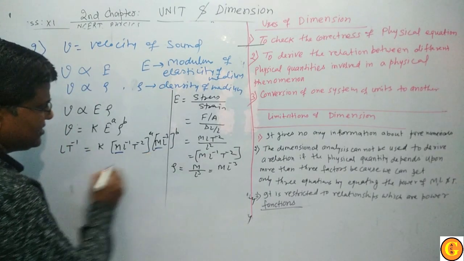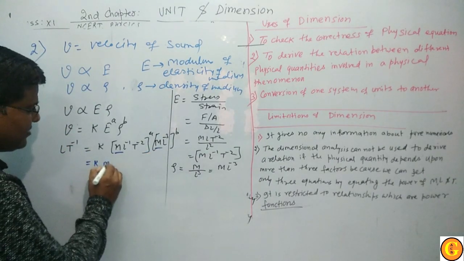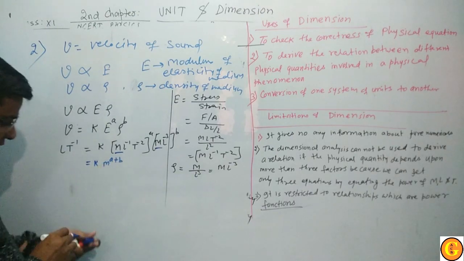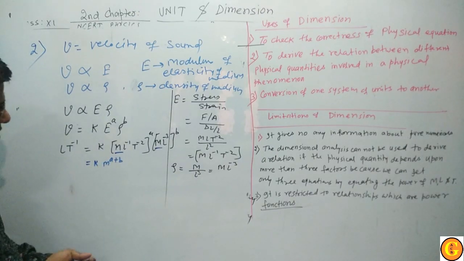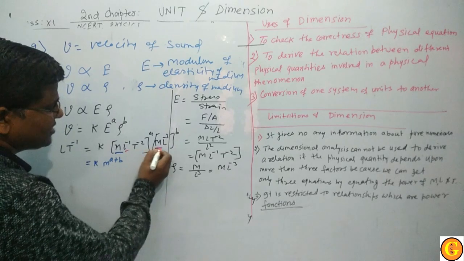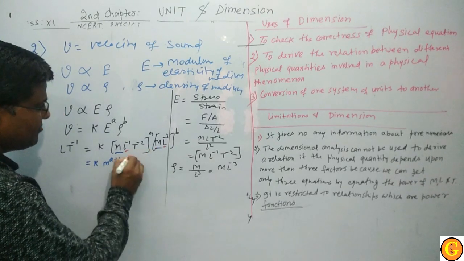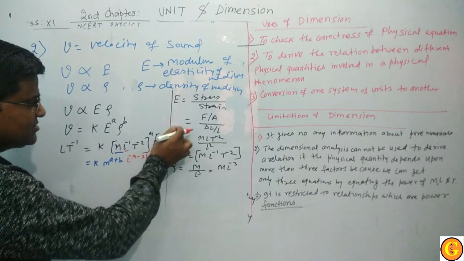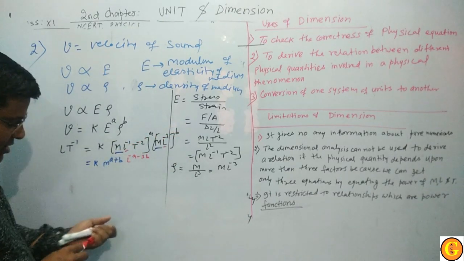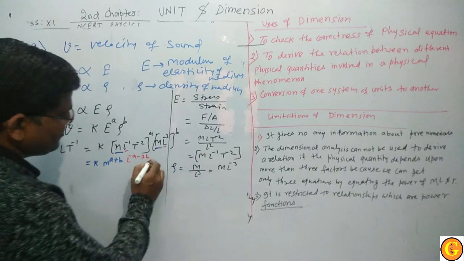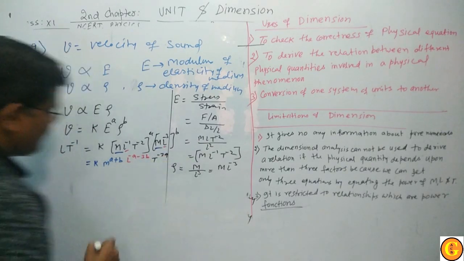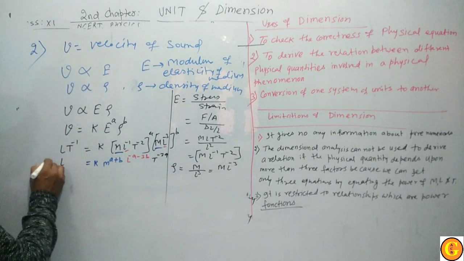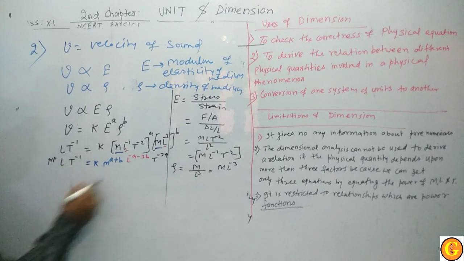Just write all these things. Here is M, and here is also M, that's why M to the power A plus B. And this is also L: here L, and here also L. Then write L to the power minus A minus 3B. And finally, T is T to the power minus 2A. Then compare with M0 L T minus 1.